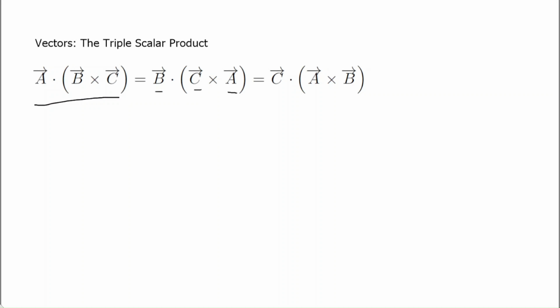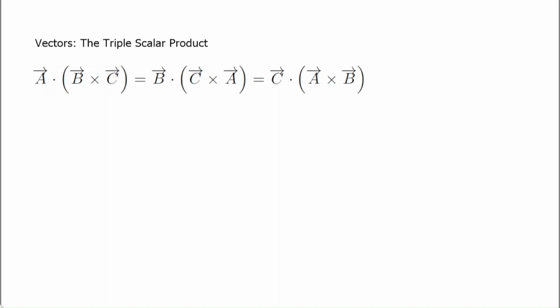Basically, we're just moving everything one place to the left, and then if you move off from the left, we cycle back over to the right. Okay, and then if we can prove it for one pair of these equalities, then it's true for all three.